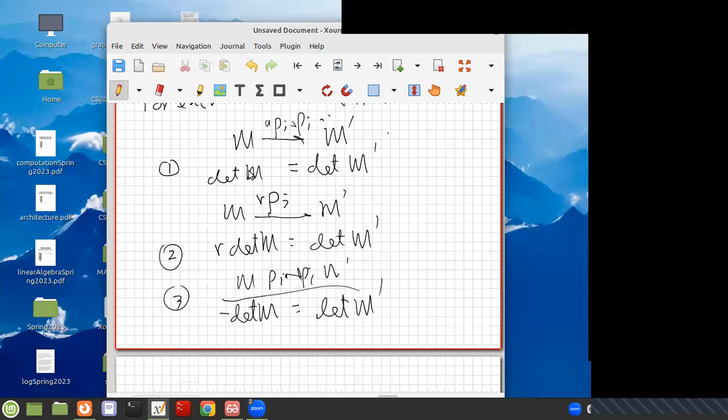If I do a row combination operation, the determinant doesn't change; it's equal. If I do a scaling, it becomes larger by a factor of the scale that I multiplied by. And if I swap two rows, you get a minus sign.